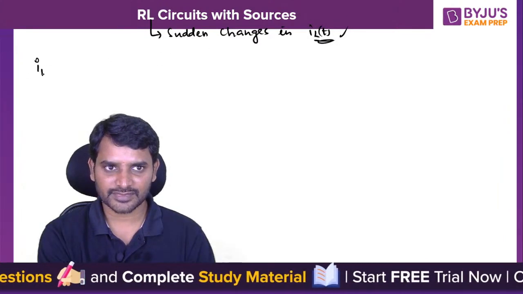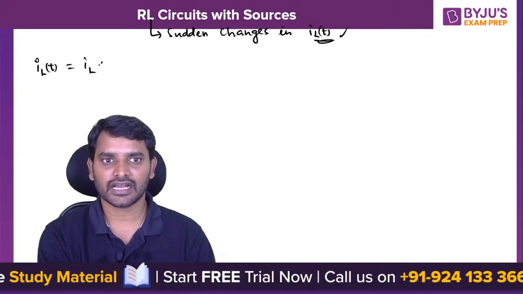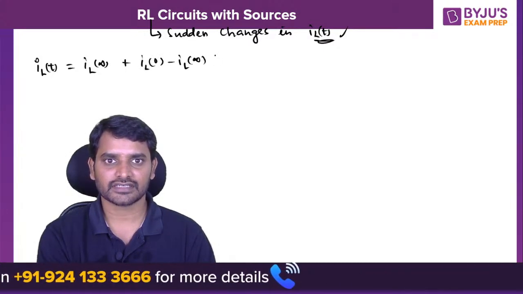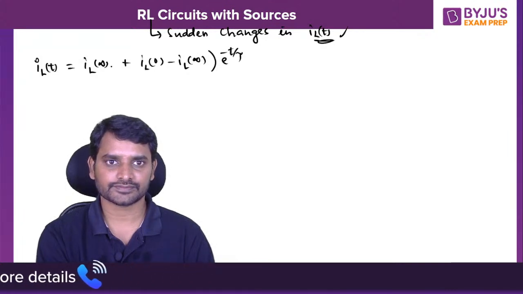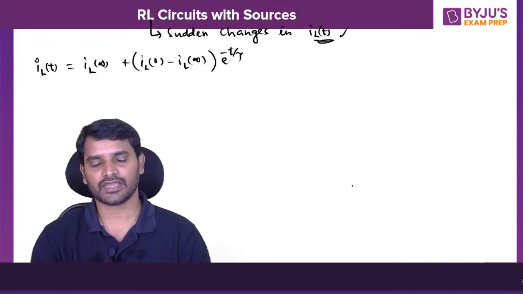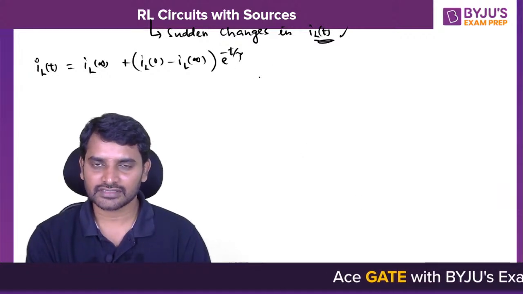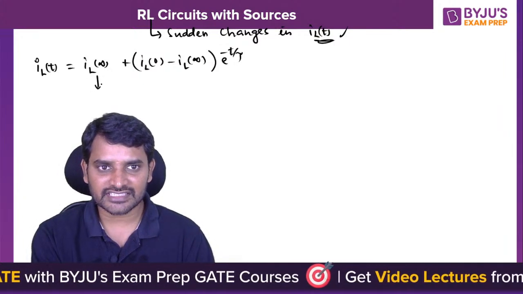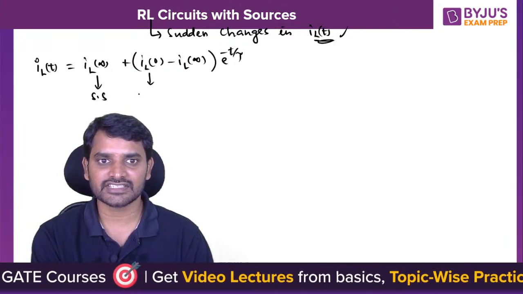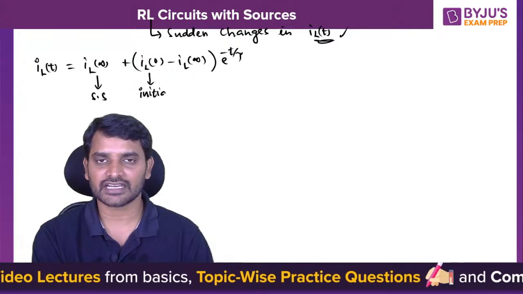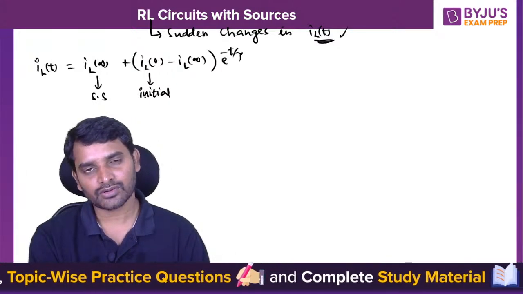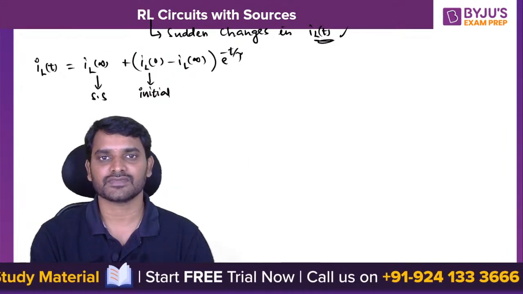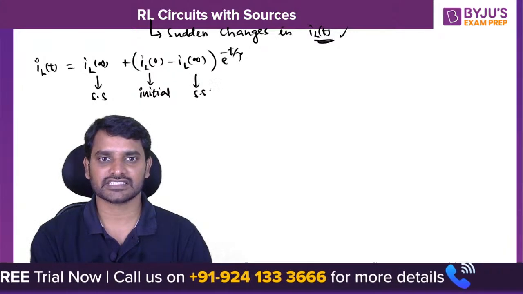The current equation will generally be IL of t is equal to IL of infinity plus IL of 0 minus IL of infinity, into e power minus t by tau. IL of infinity is nothing but the steady state current, and IL of 0 is the initial current. We had a discussion on how to calculate the initial current: it means the current before the switching action. And again, IL of infinity is the steady state term.